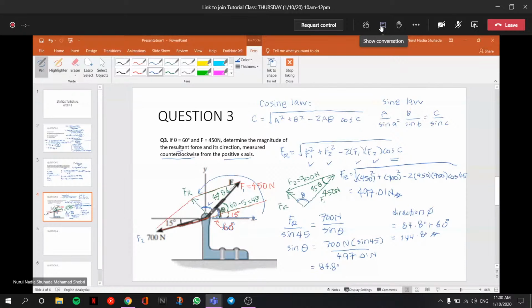You mean how to summarize the answer? Yeah, or we just leave it like that. As long as you mention clearly, like this one, the resultant force is equal to 497.01, that should be correct. And you mention that this number is the direction, it should be correct.